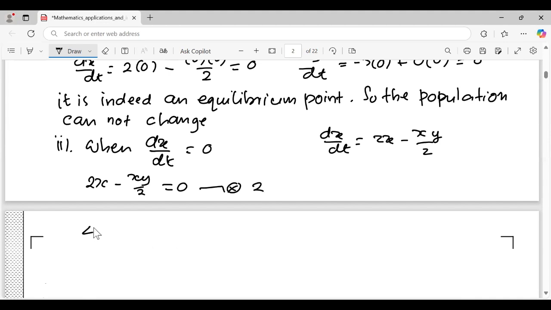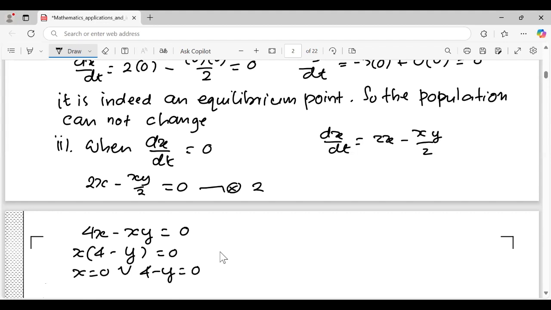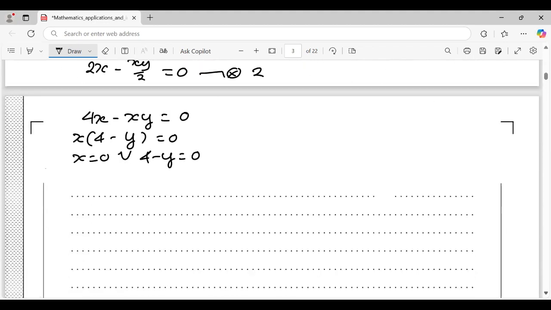So it's going to be 4x minus xy equals 0. After that, factorize x(4 minus y) equals 0. So there are x equals 0 or 4 minus y equals 0. So y equals 4.